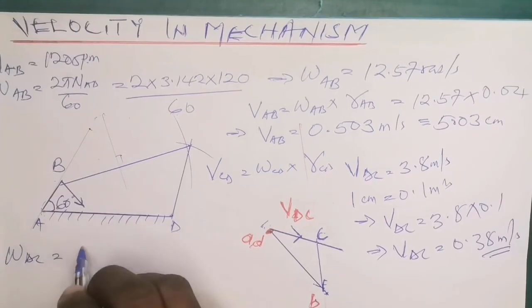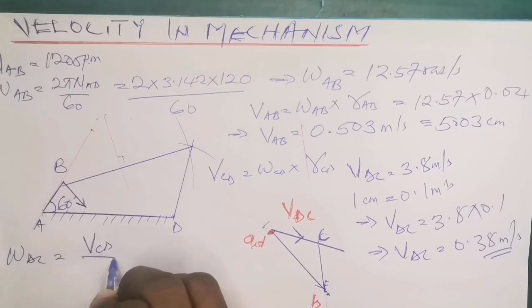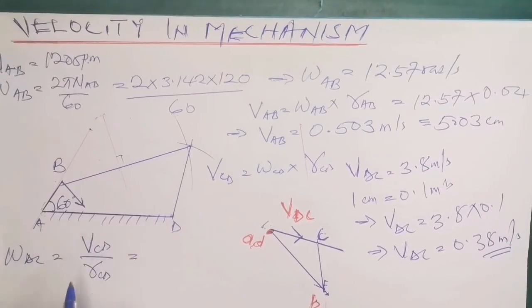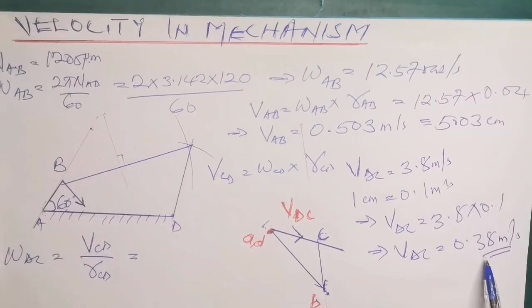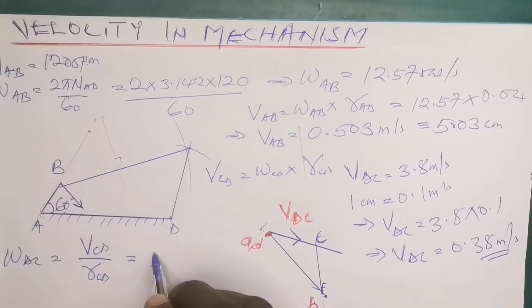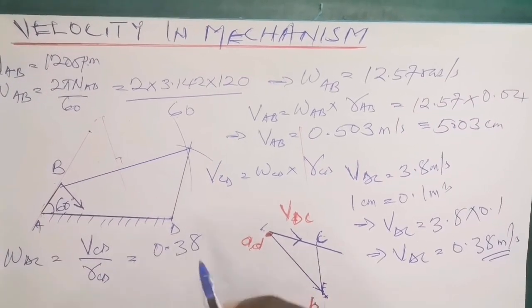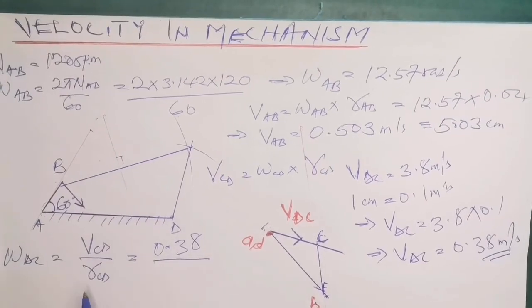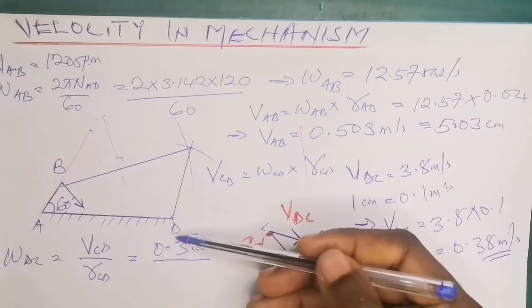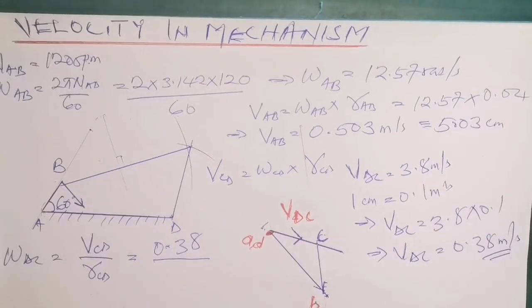Angular speed is simply the velocity along CD divided by the distance between C and D. We obtained the velocity to be 0.38, so this is 0.38 divided by the distance between C and D.